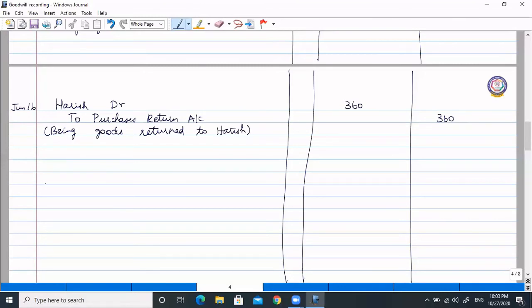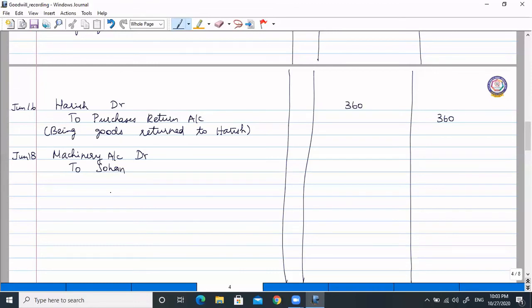Okay. Next is on June 18th, machinery purchased from Sohan. So here we are purchasing an asset. So the asset which is increasing has to be debited. That is machinery account has to be debited. Two, we are purchasing it from Sohan. So it means when the name is given, it is a credit transaction.